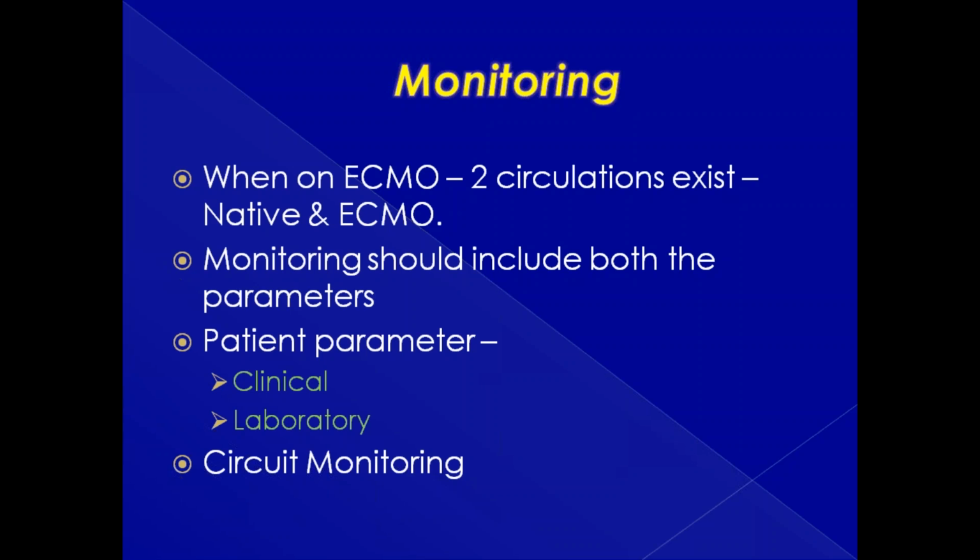What you need is arterial blood gases or some sort of blood gases, daily bloods, hemoglobin, electrolytes, cultures as and when needed, a C-reactive protein, and activated clotting time. This is all that is needed for running a patient on ECMO. The rest, if you have them, well and good, but it doesn't mean that if you don't have them, you cannot run ECMO. If you have a thromboelastogram, fantastic, but it is not a must to run ECMO.